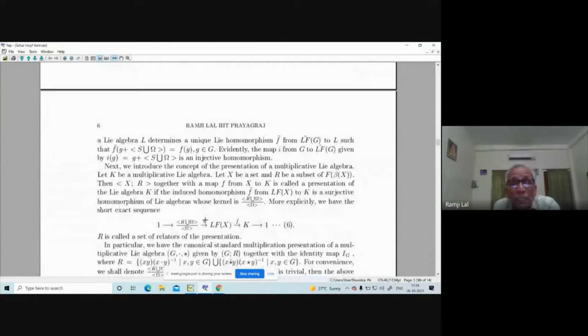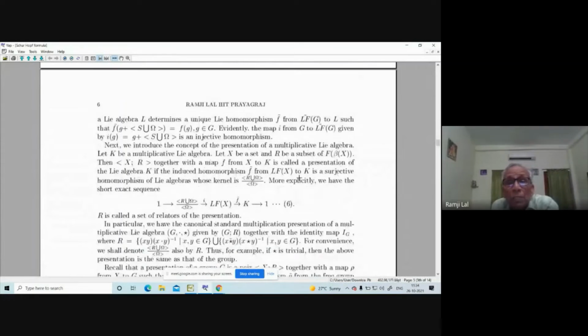Now next we consider the concept of presentation of a multiplicative Lie algebra.